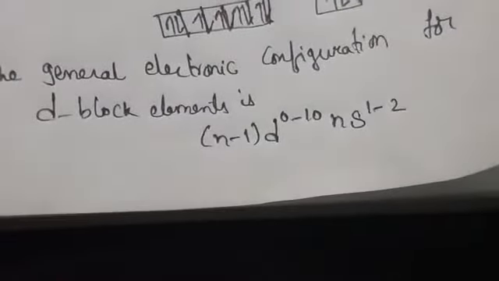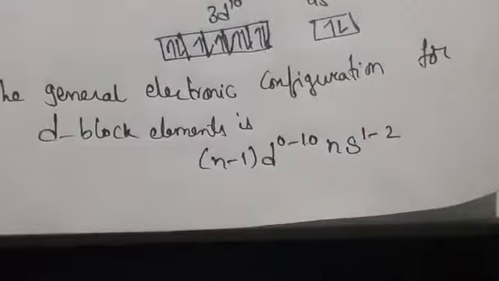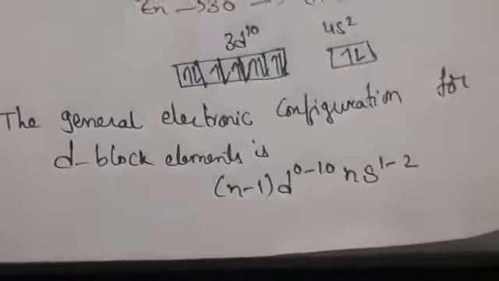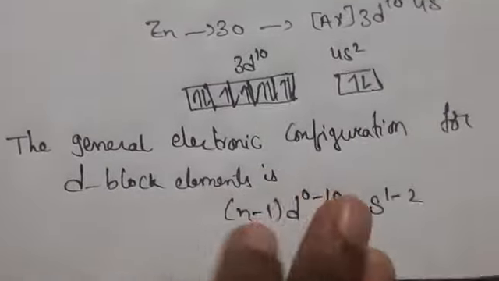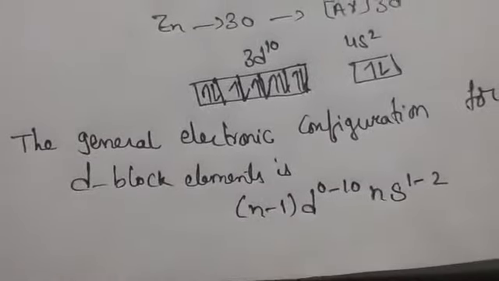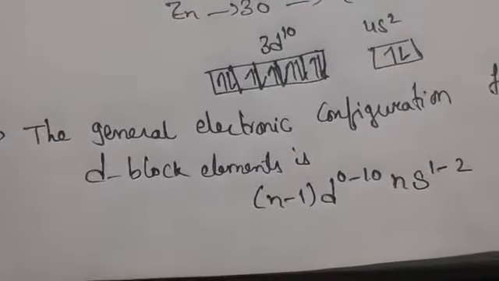So this is the general electronic configuration. This is the general introduction we have spoken. Now let us see the electronic configuration for each series: 3d series, 4d series and 5d series.